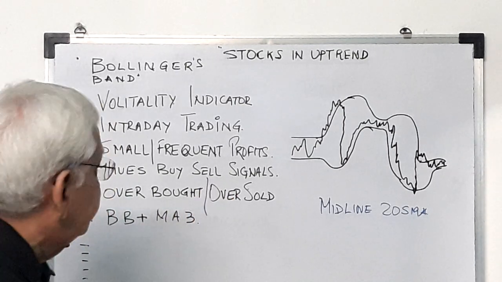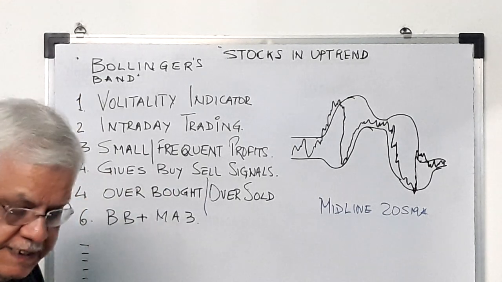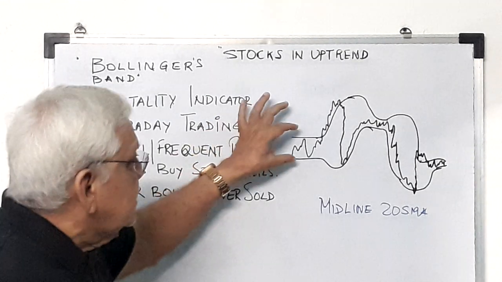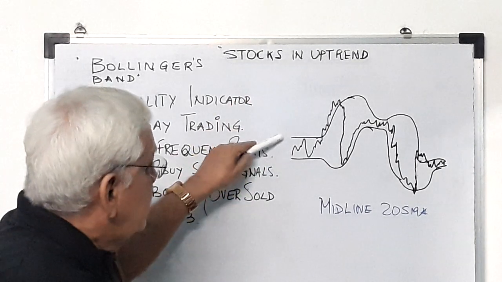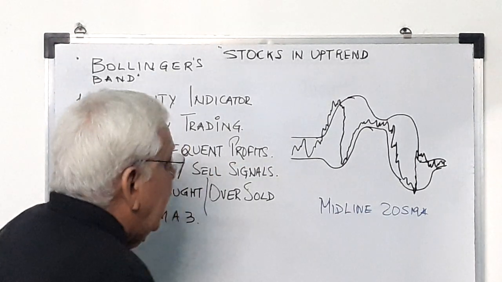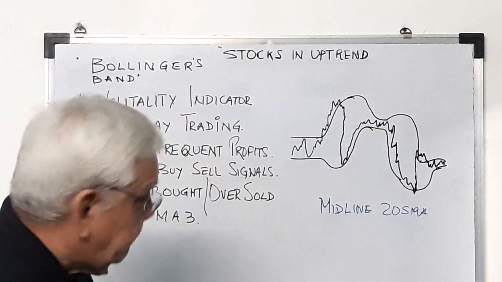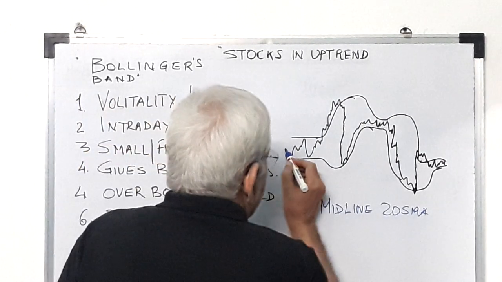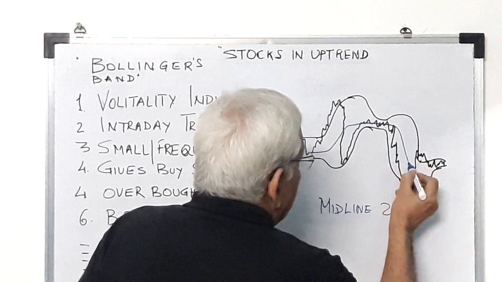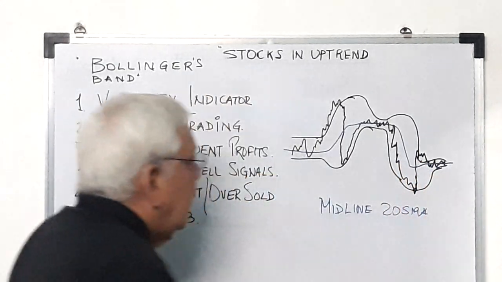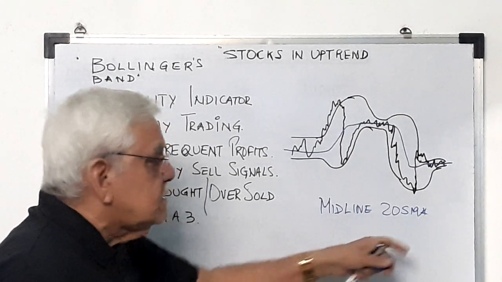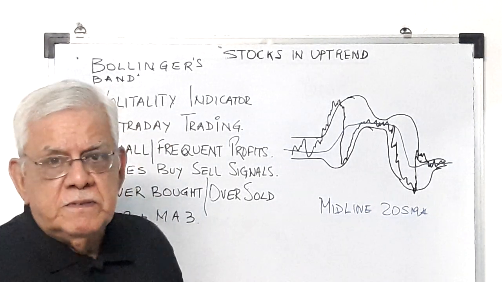But before buying and sell signals, let us see what Bollinger Band looks like. So this is the Bollinger Band. This is the upper band. This is the lower band, right? And in the middle there is a line, this midline, which is the 20 simple moving average.